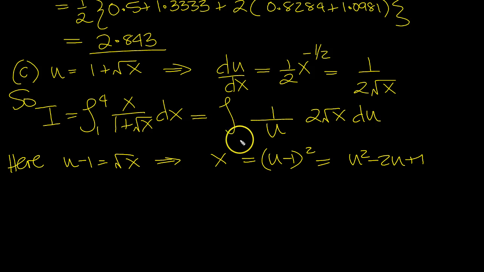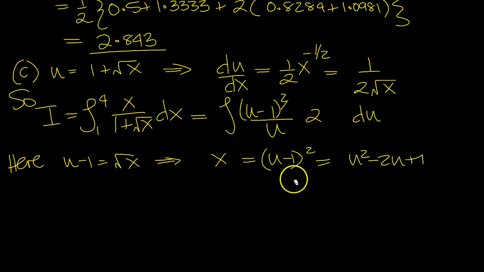So we've got on top x, that was u minus 1 squared. Now this root x is just u minus 1, isn't it? Root x is u minus 1, so this can be power 3 rather, and we can get rid of that.